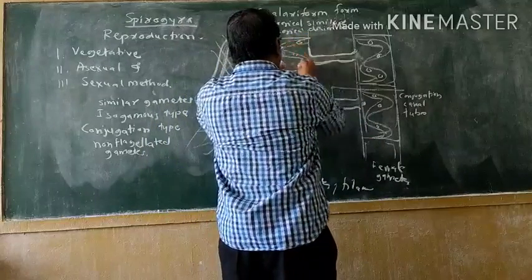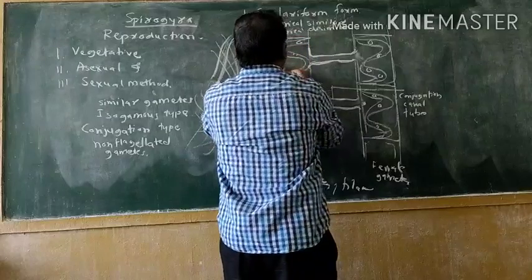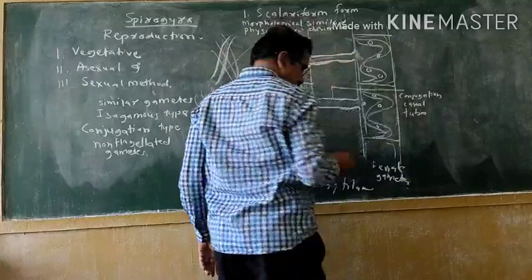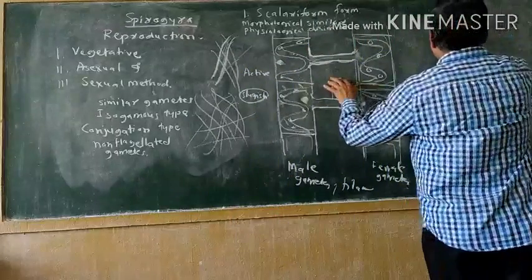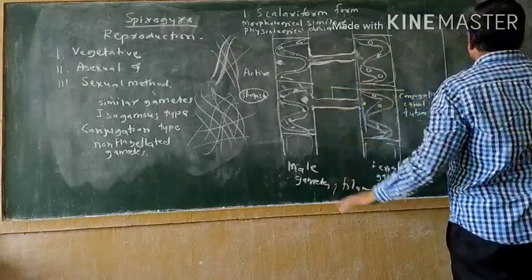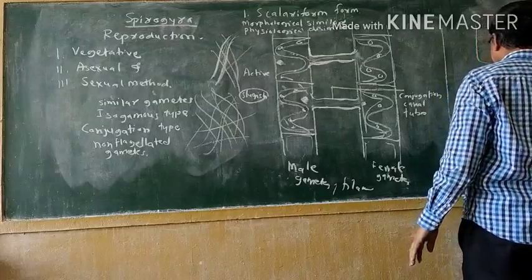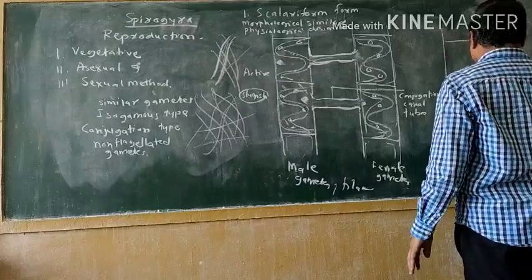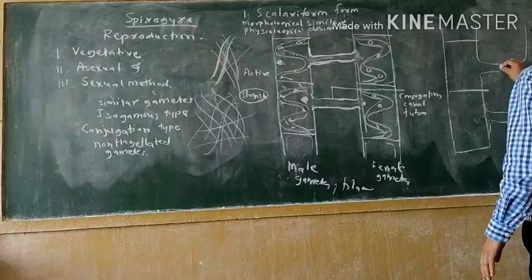The whole content of the male, nucleus, cytoplasm, chloroplast, migrates. There are 3 to 4 diagrams in this conjugation; I will draw only 2 diagrams.